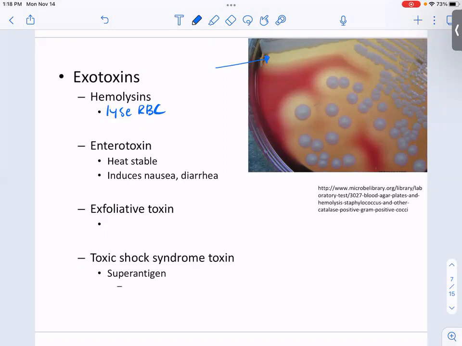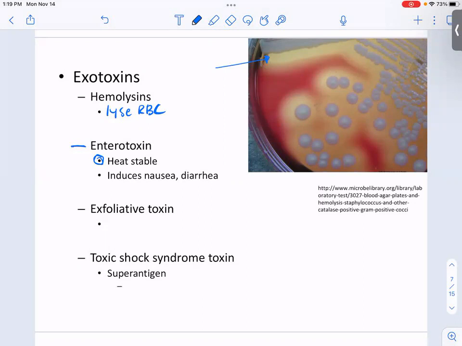Some of the staphs will make enterotoxin. That's a toxin that acts, we talked about this one before, primarily in our large intestine. Heat stable. The reason I bring that up is, say somebody with a staph infection on their hands was preparing the food, it was served at a meal, and then it was put in the refrigerator.